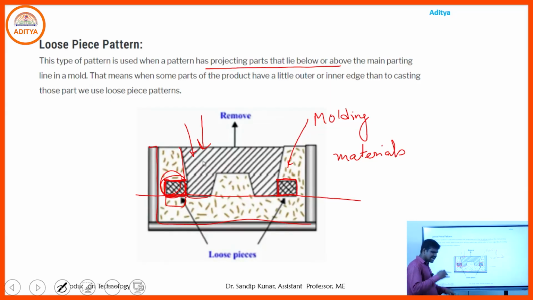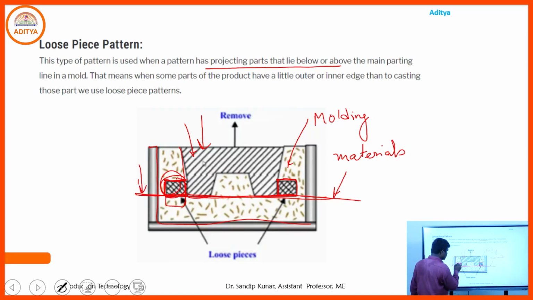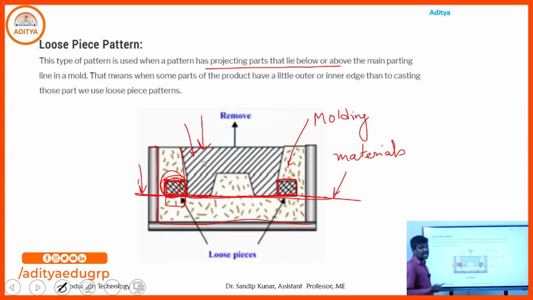The position of the loose piece depends on our requirements. If we consider that as the parting line, the position of the loose piece will be above the parting line.